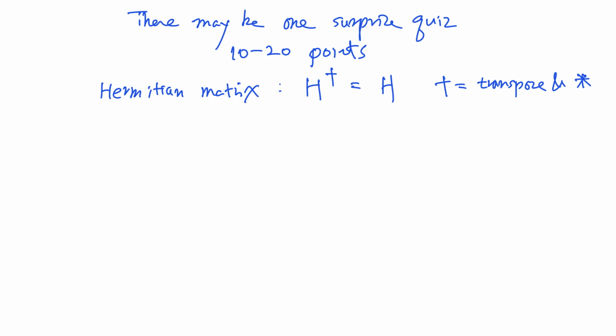So if it is Hermitian, if we have A dagger is A, then it has a very interesting property.